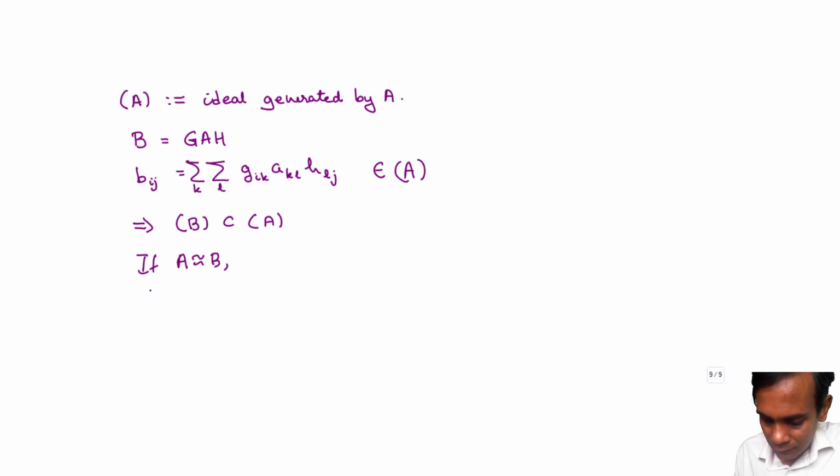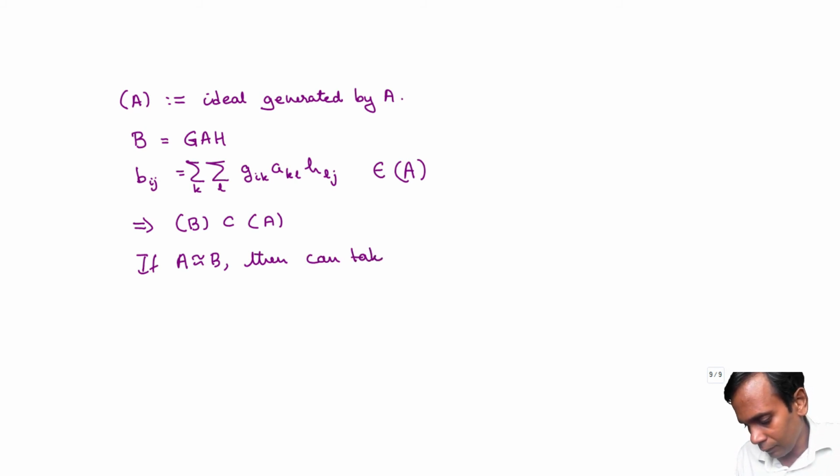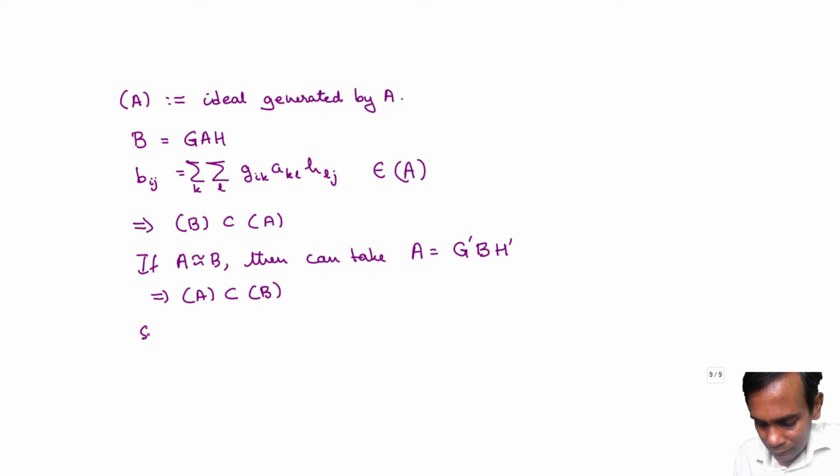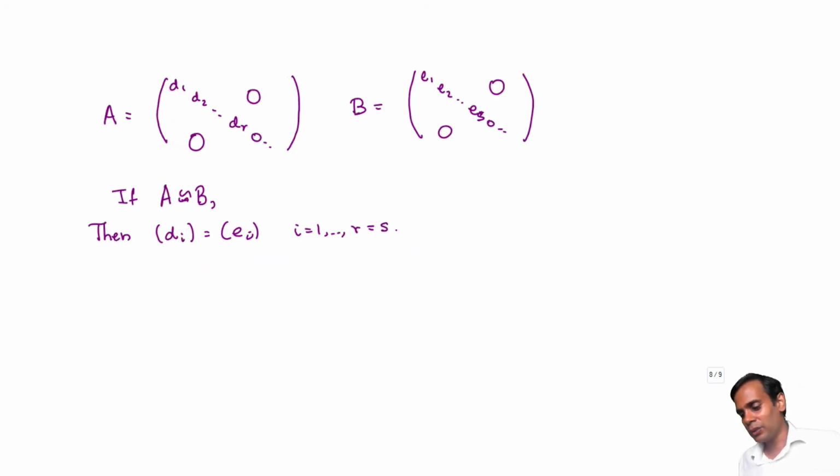So then we can write A in the form G prime B H prime for some matrices G prime and H prime, maybe the inverses of G and H, and so we get that the ideal generated by A would be contained in the ideal generated by B. Putting these together, we get that the ideal generated by the entries of A is equal to the ideal generated by the entries of B. Now let's go back and look at these two matrices in Smith canonical form.